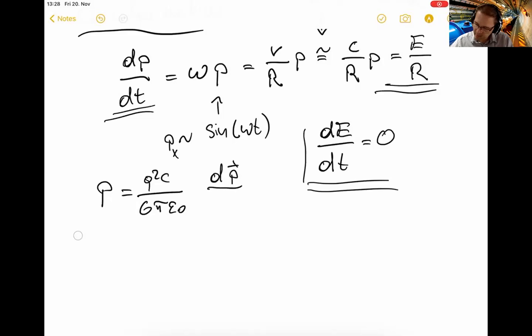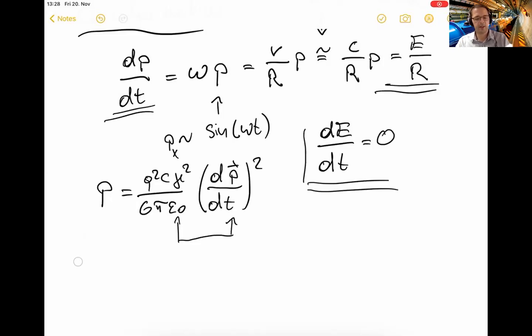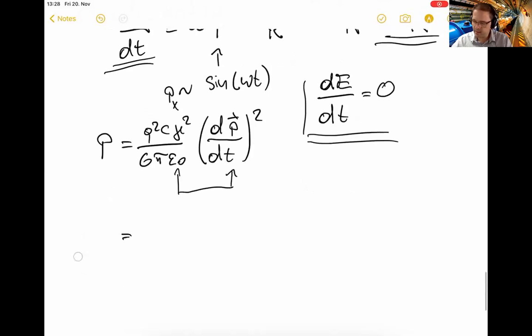And now I have dp with respect to dt squared, and I put my gamma squared in front here. The gamma squared comes from the differential here. We're almost done: q squared c divided by 6 pi epsilon 0.